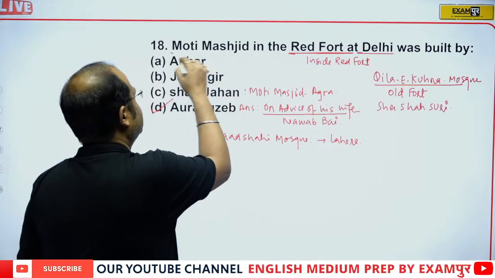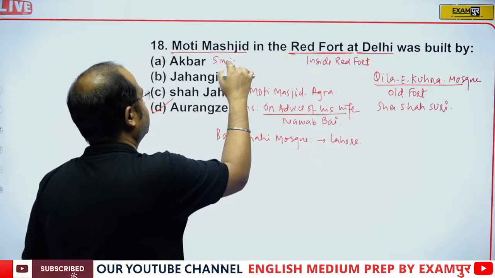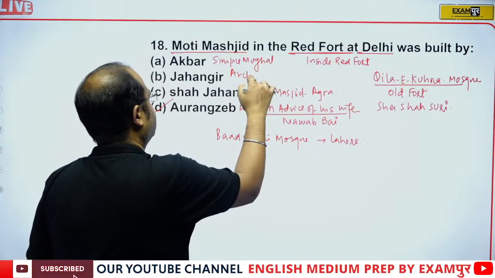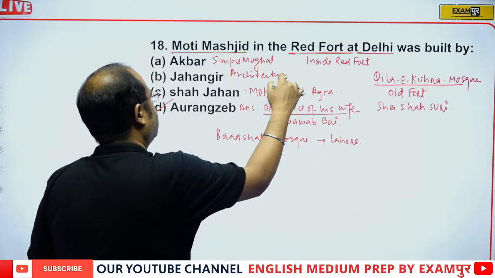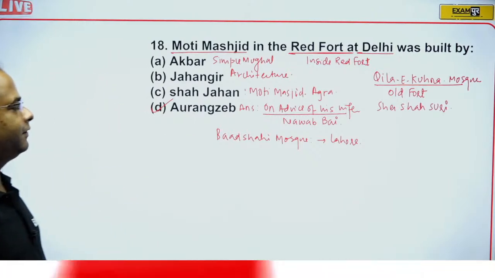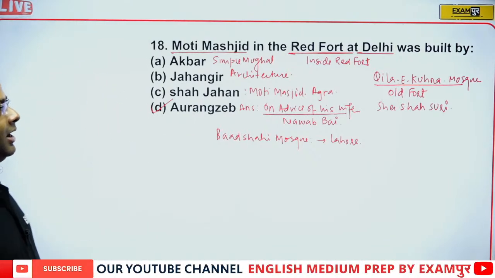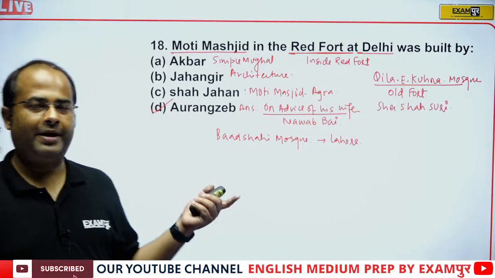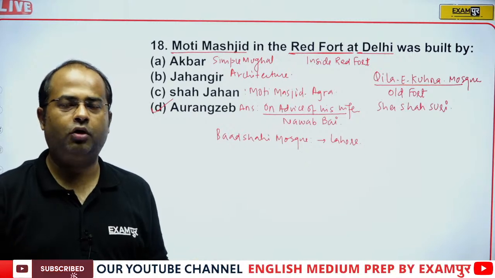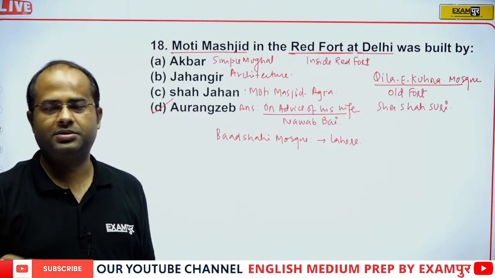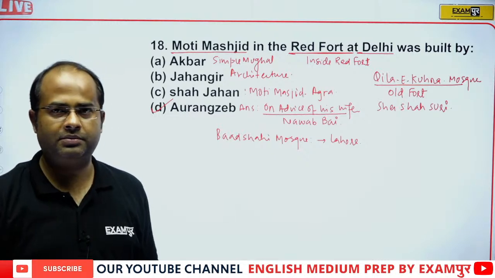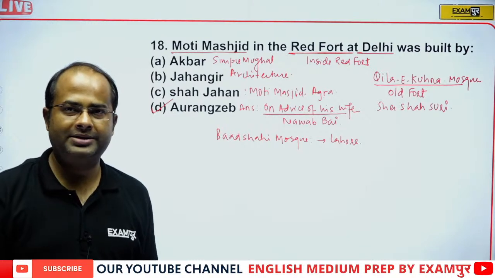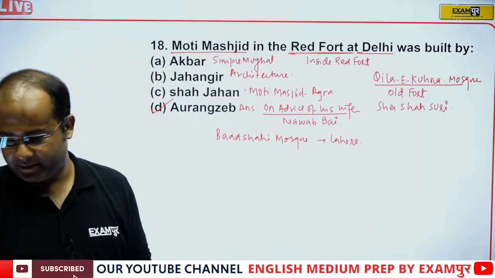Moti Masjid is a very simple Mughal architecture, and on the advice of his wife Nawab Bai, Aurangzeb constructed this inside the Red Fort at Delhi. If you go to Red Fort Delhi, you will find this Moti Masjid. Now namaz is not offered there, so it is a closed mosque, but earlier namaz was being offered there.